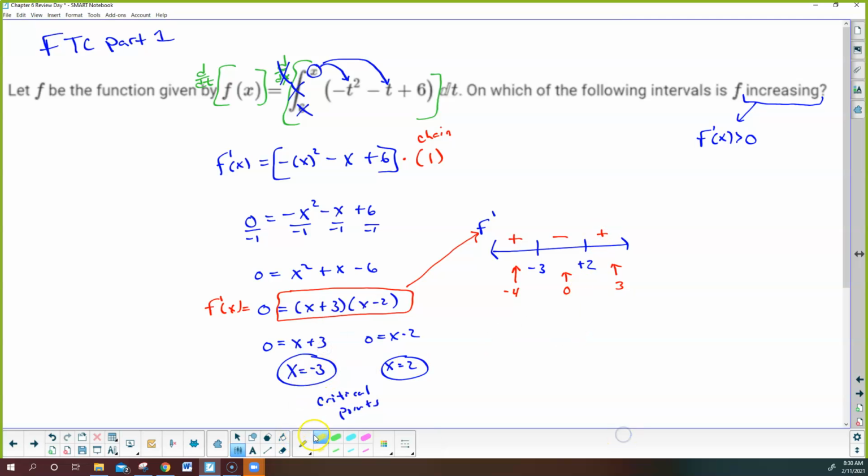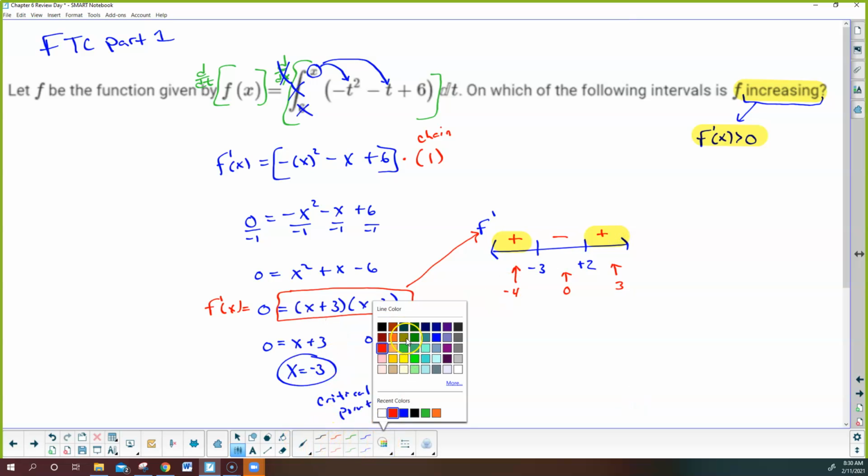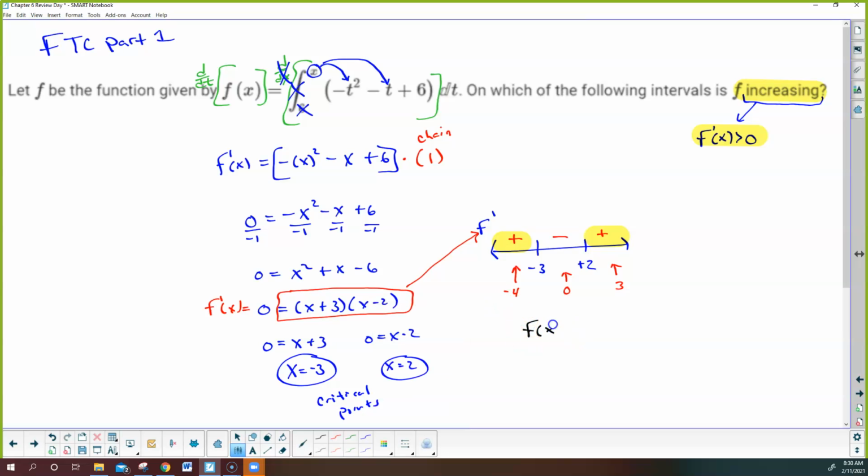So our answer, when is f increasing? f is increasing when the derivative is greater than 0. And here's the spots where the derivative is greater than 0. So my final answer would be, you should always go back to what function you're talking about, right?